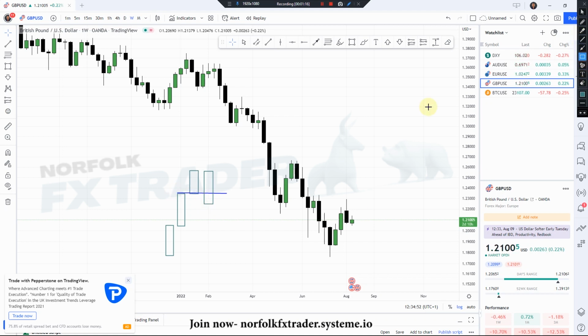And three, we then need to see price coming back and holding below that level or testing that level for an entry to sell the market, to then see finally the market falling away in your favor. I'm going to show you how you can use this pattern in the market to success, going through this weekly time frame first on the pound US dollar. It will work on any time frame, but the higher the time frame, the more power this will have.